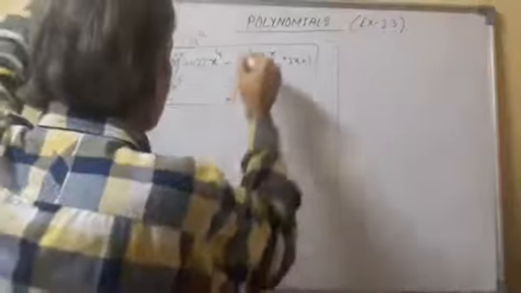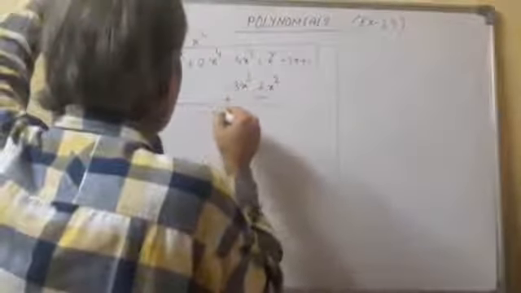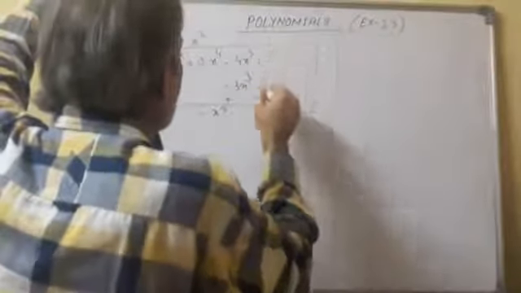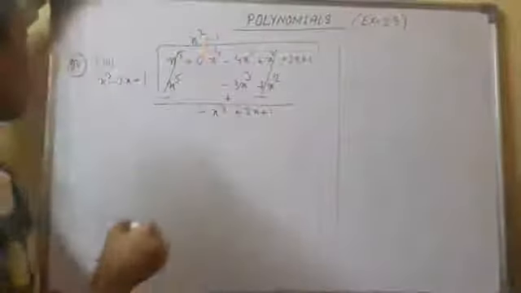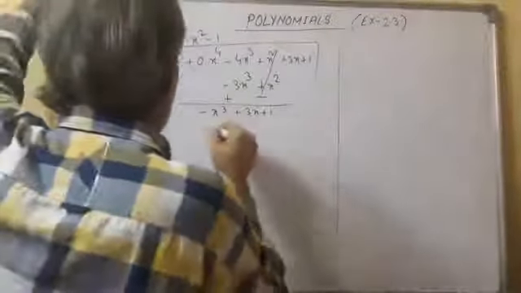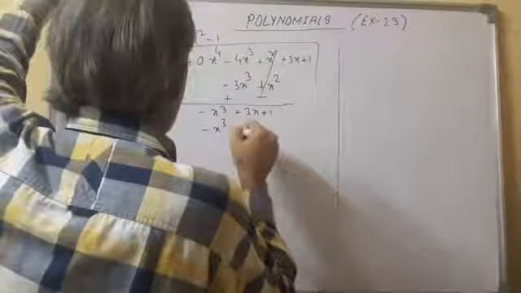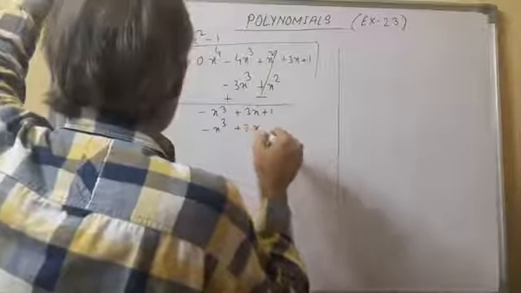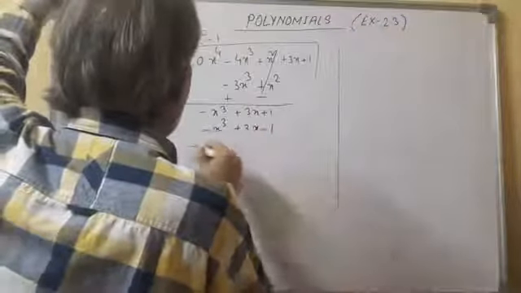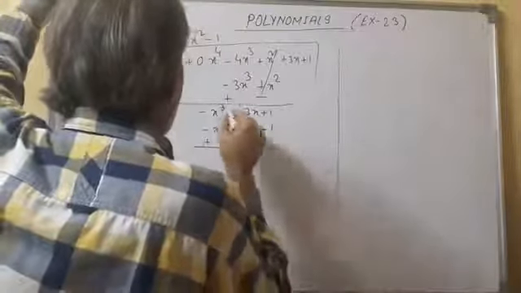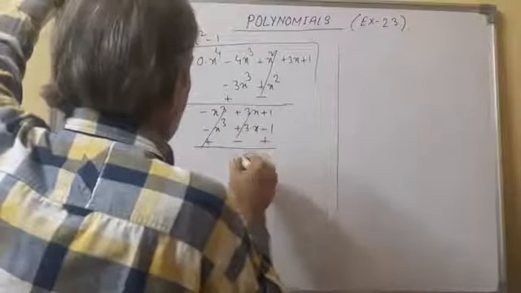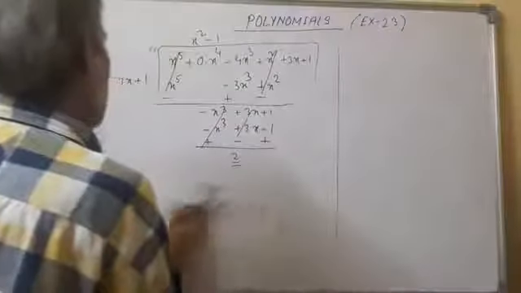got cancelled. Now what we are left with, simplify this, cancels. Now minus 1, so we are getting minus x cube plus 3x minus 1, so plus minus plus, so we are getting 2 as remainder.